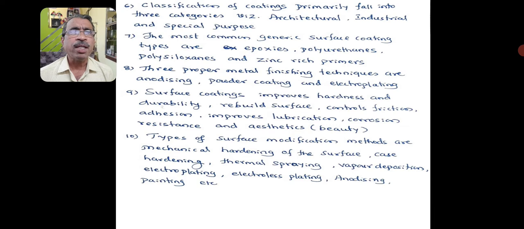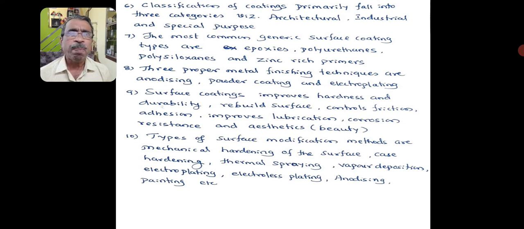Classification of coatings primarily falls into three categories, namely architectural, industrial, and special purposes. The most common generic surface coating types are epoxies, polyurethanes, polysiloxanes, and zinc-rich primers.